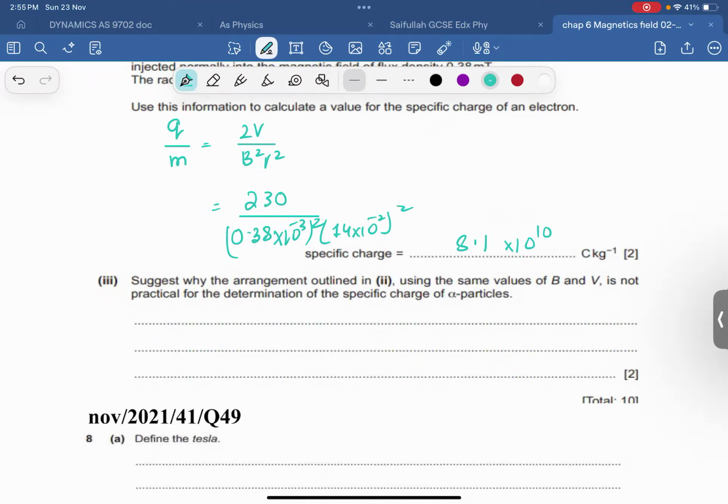Oops, wait, I didn't multiply by 2. Sorry, it should be times 2, and then you will get 1.6 exponent 11.